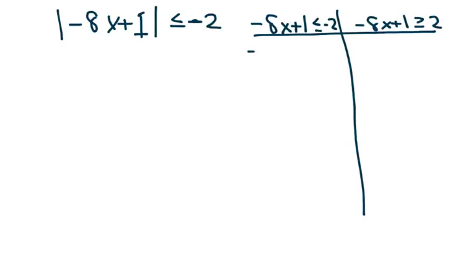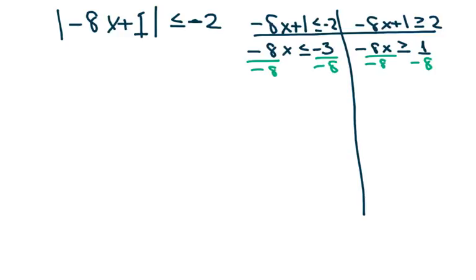I subtract the 1 from both sides. And when you divide both sides by negative 8, remember to flip the sign when you're dividing or multiplying through by a negative. You're going to get x is greater than or equal to 3/8, because 2 negatives make a positive, and x is less than or equal to negative 1/8.